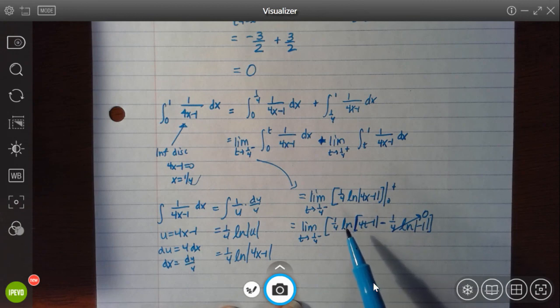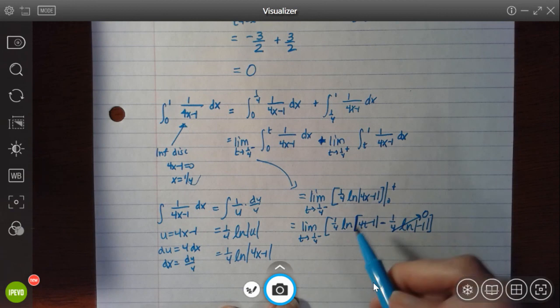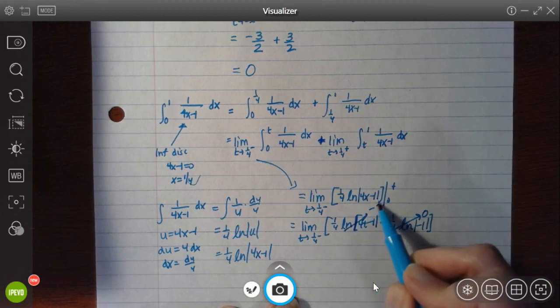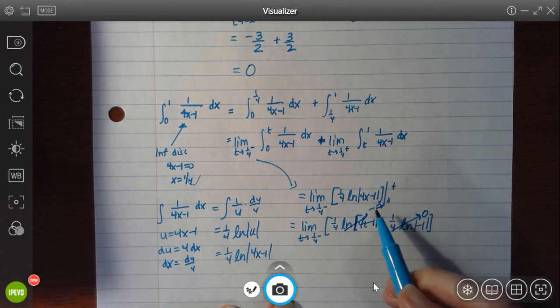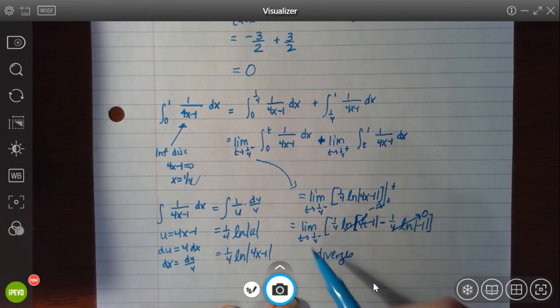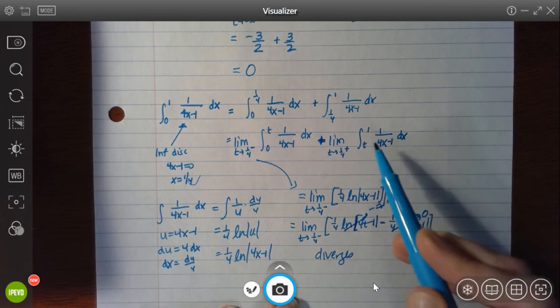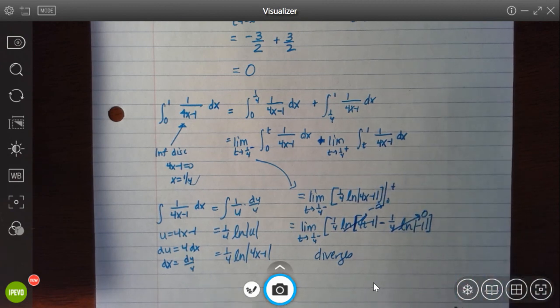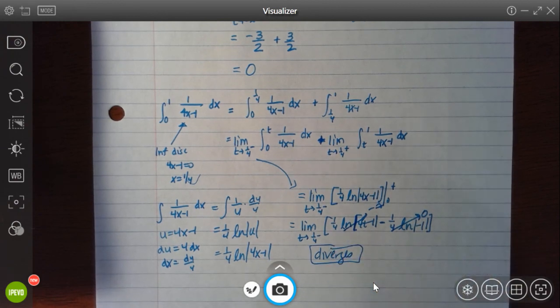And so if we have the natural log of these really, really small values, this is going to approach negative infinity. So basically, this is diverging. It's not approaching a regular value. And since this first limit did not exist, it diverged. That means the overall limit diverges, so we don't even have to bother doing that separate limit over there. So our final answer would just be diverges.